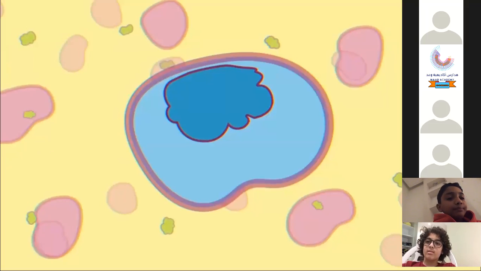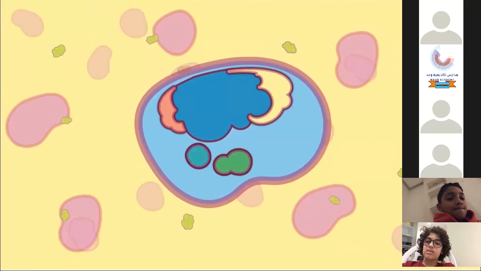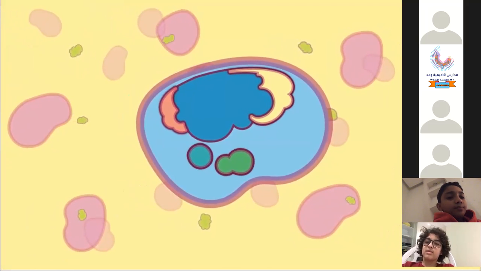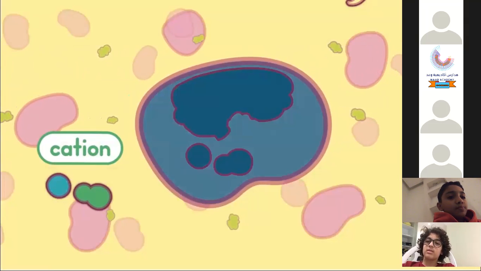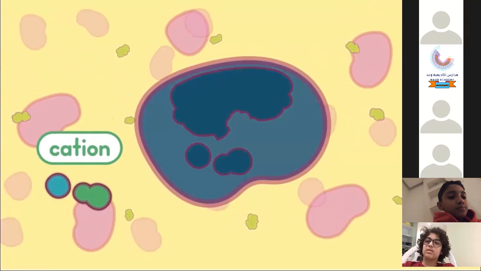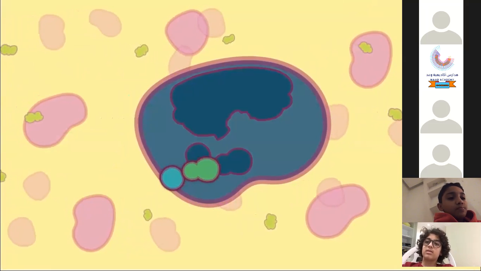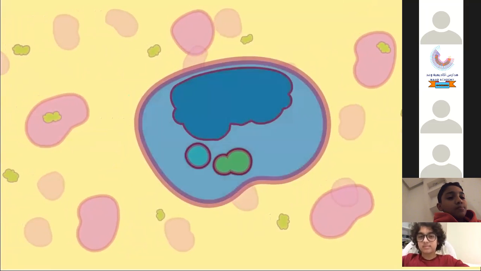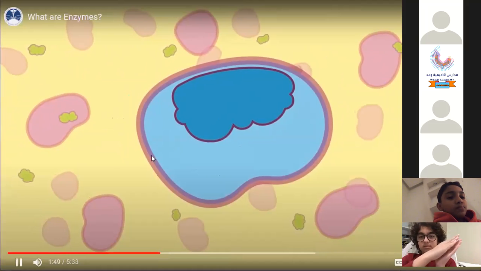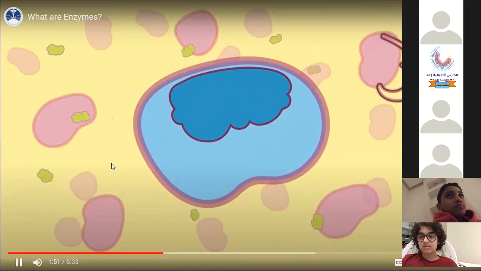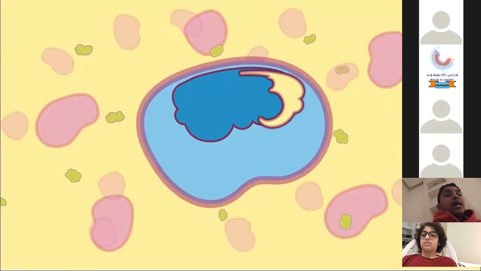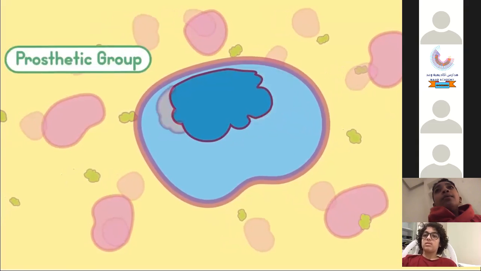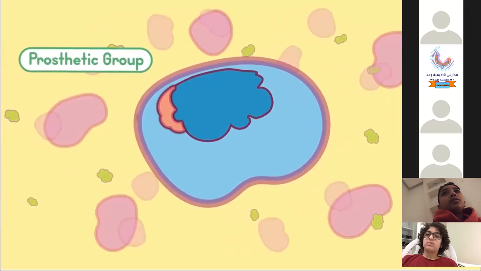In addition to the active site, many enzymes consist of a non-protein part called cofactor. Cofactors may be cations, positively charged metal ions, activators, bound temporarily to the active site to activate the enzyme, organic molecules, vitamins or vitamin products, coenzymes that join enzyme substrate complex temporarily, prosthetic groups, permanently enzyme bound.